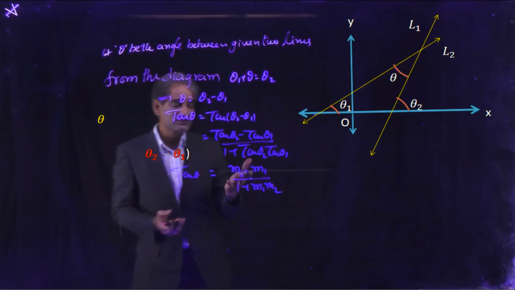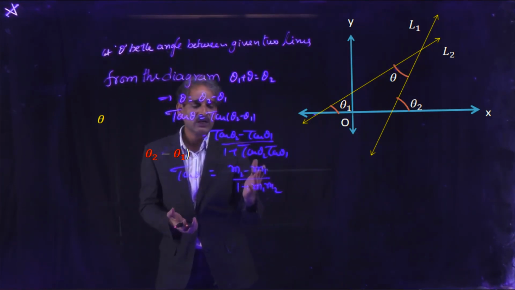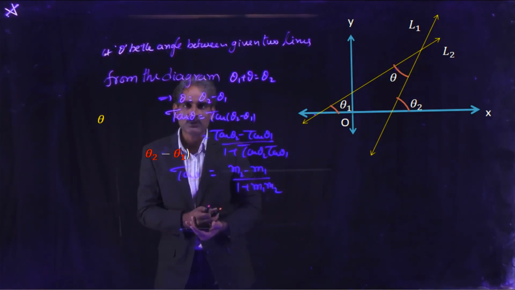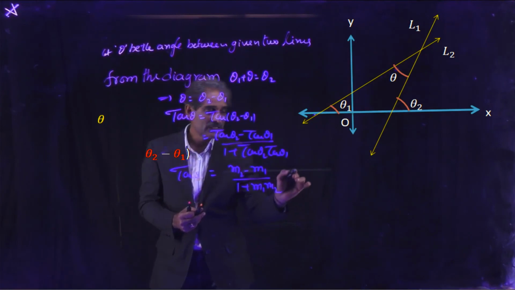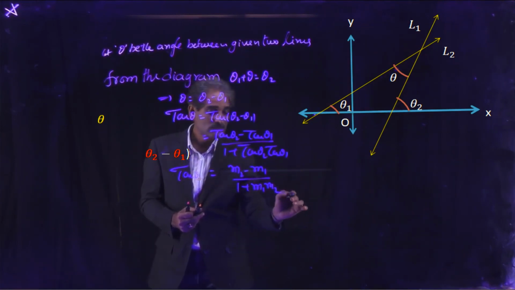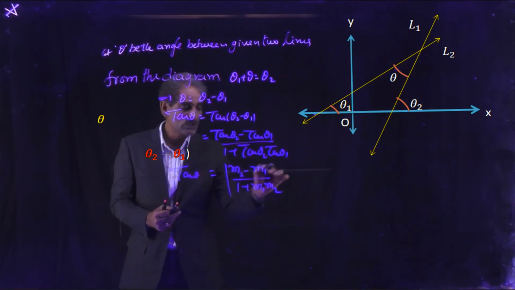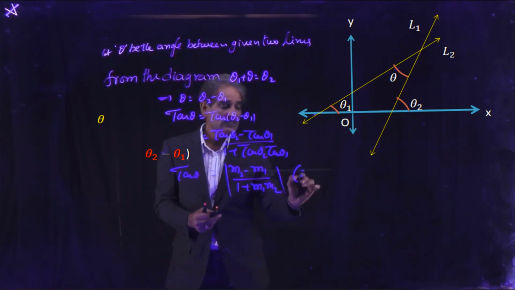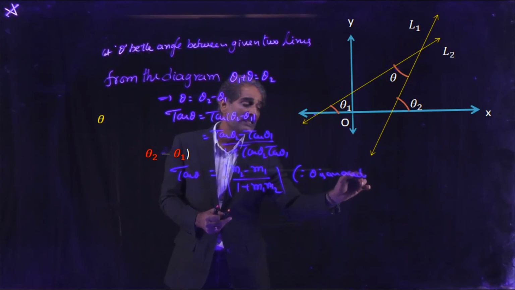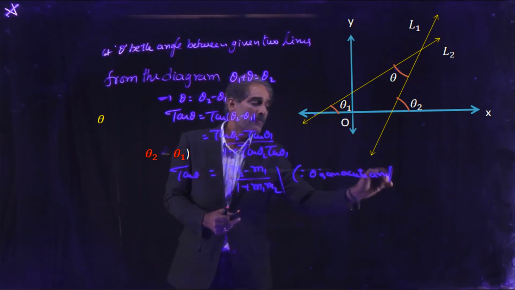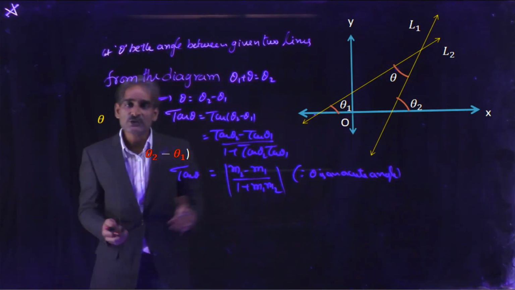Here sometimes M2 may be greater than M1 or M1 may be greater than M2. But theta is an acute angle, so you should take the modulus on both sides. Since theta is an acute angle, tan theta is always positive.